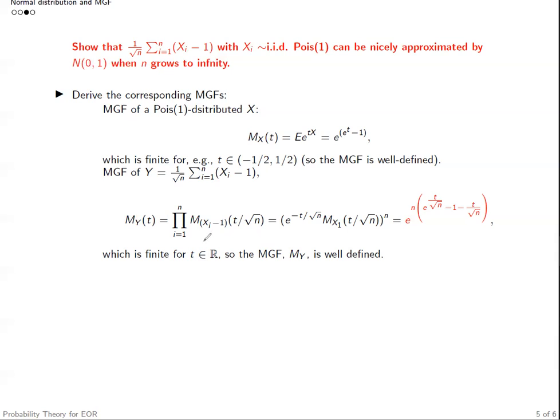And we have identical distribution, so each of these moment generating functions will be identical in this format. We have an IID sequence, independent and identically distributed, and there are n of them multiplied together, so to the power n.